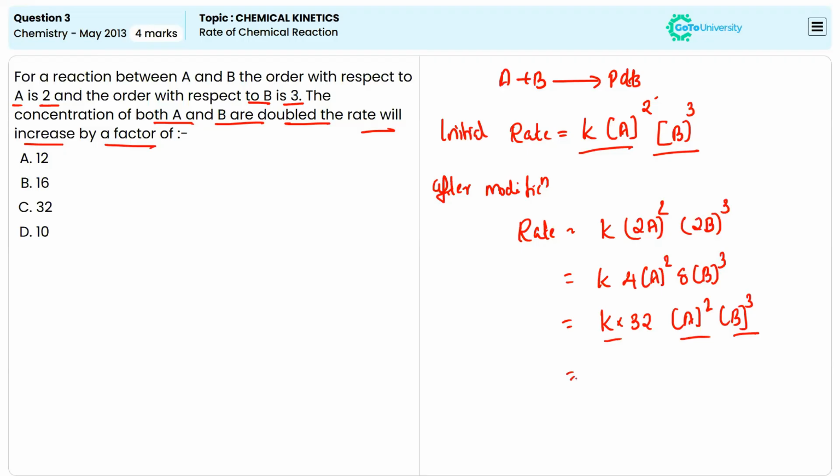So I can write it as 32 times the initial rate, because it is equal to 32 times K, concentration of A square B cube. Okay. So even if you increase the concentrations of A and B twice, the rate of the reaction increases by a factor of 32. So option C will be the correct answer.